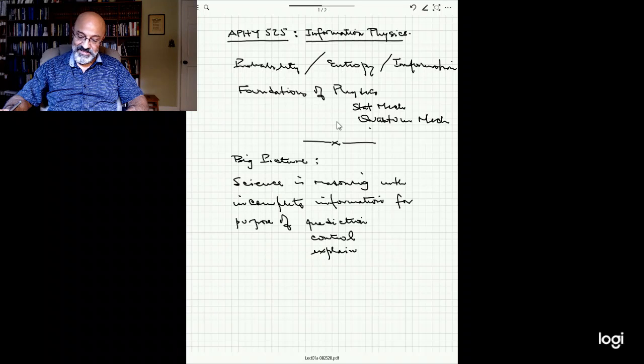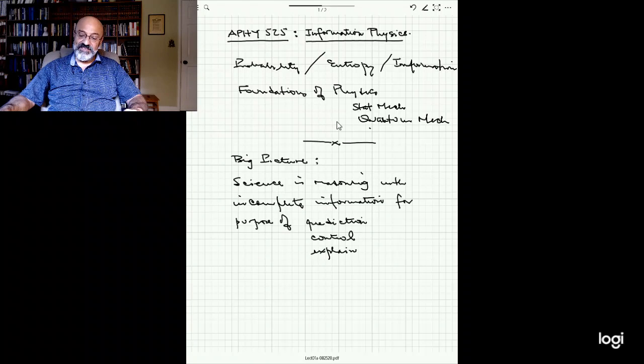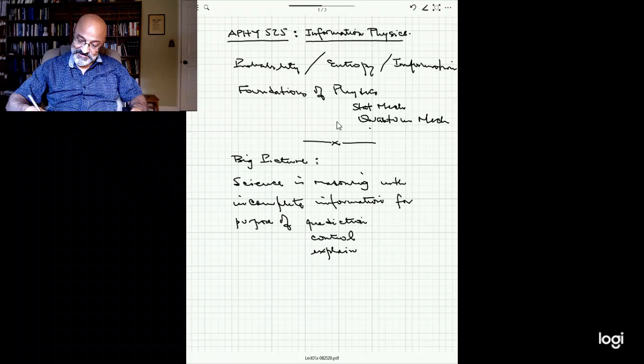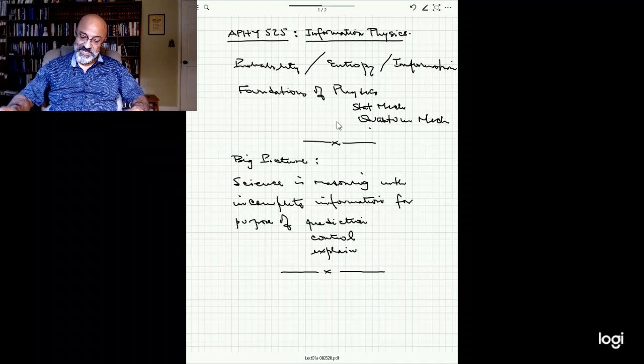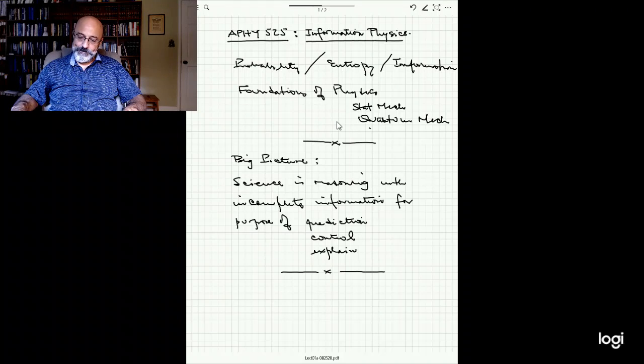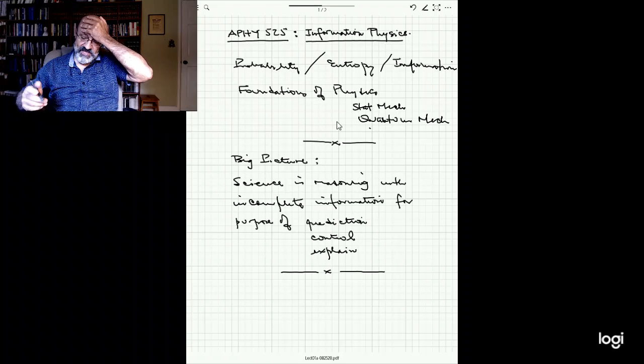So here we have an interesting, nifty definition of what science is. Science is reasoning with incomplete information for the purpose of prediction, control, and explanation. There are three problems here that we have to tackle in order to be able to do this in a more or less systematic way. But before I even say that, please notice that I'm saying science here.